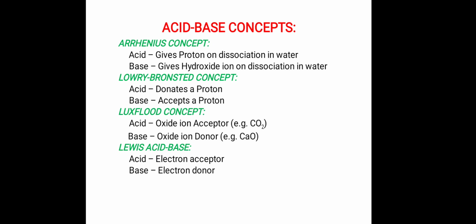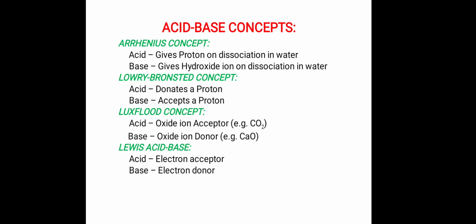So simply, an acid is a proton donor and a base is a proton acceptor. If you take HCl plus H2O to give hydronium ion and Cl minus, here HCl is an acid and H2O is a base.